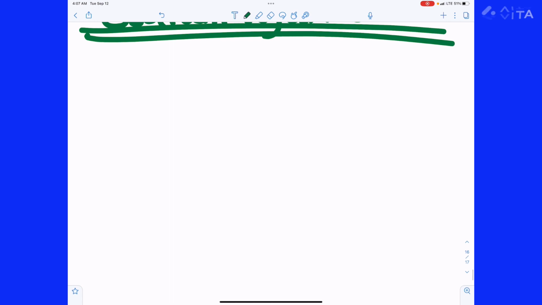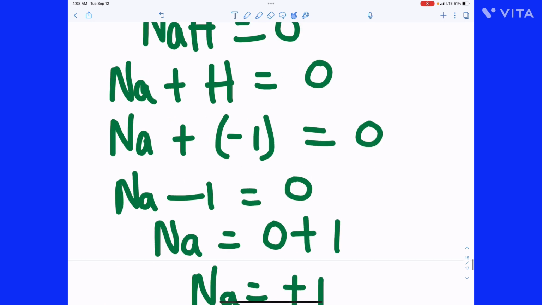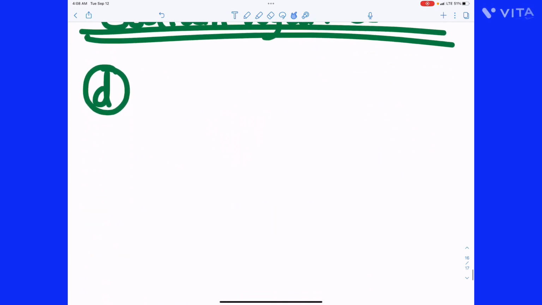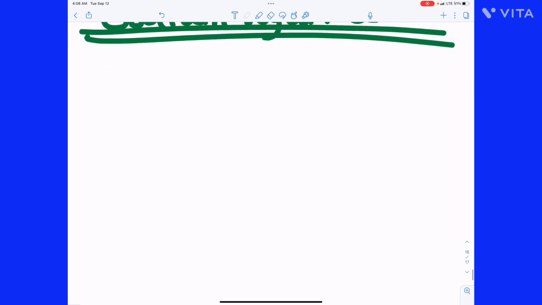Let's go to D now. Okay, let me try and leave enough space there so my work can be neat. Sodium hydride.